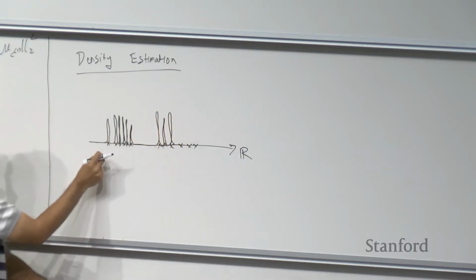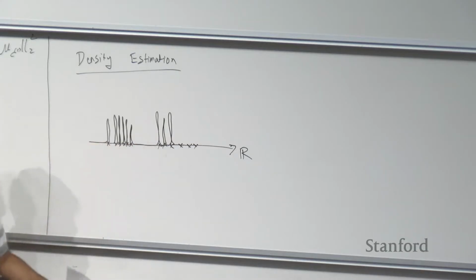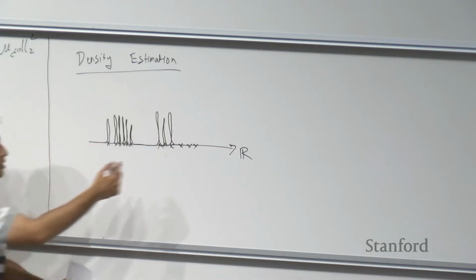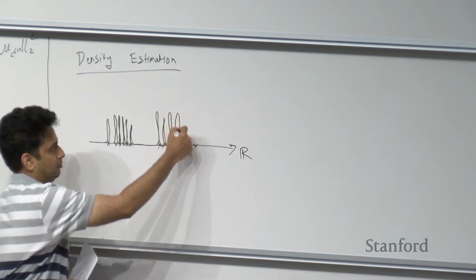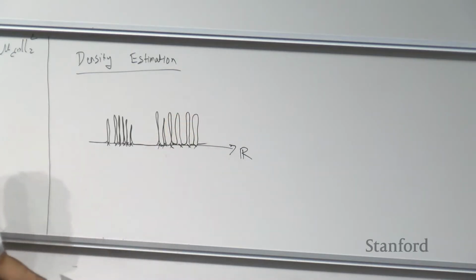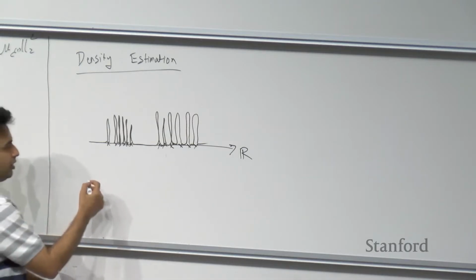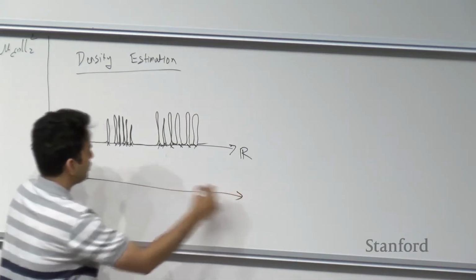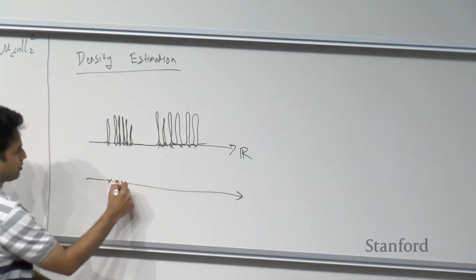A peak that's really, really peaked over each data point, and this is a valid density, but at the same time it doesn't feel natural, right? Another equally valid density would be something that looks like this.